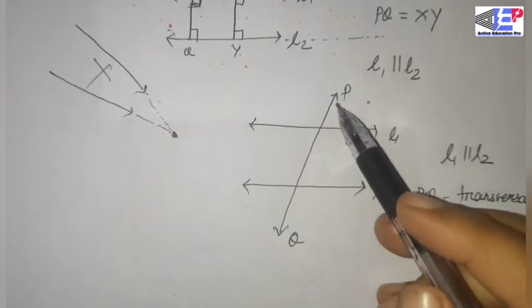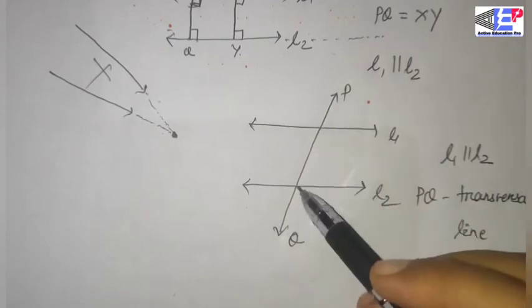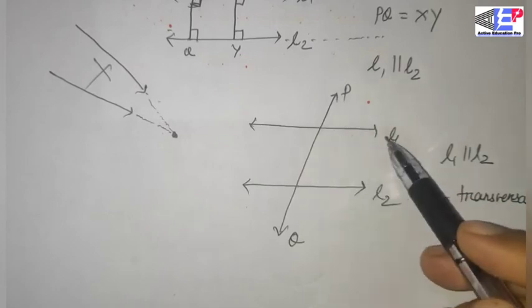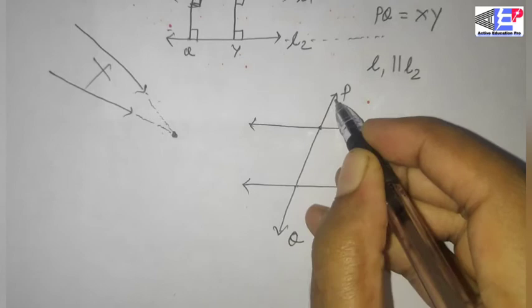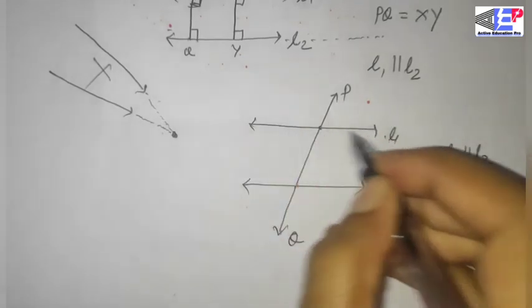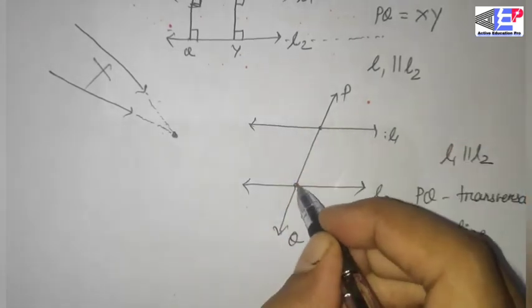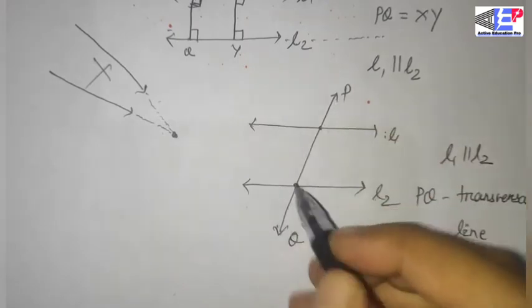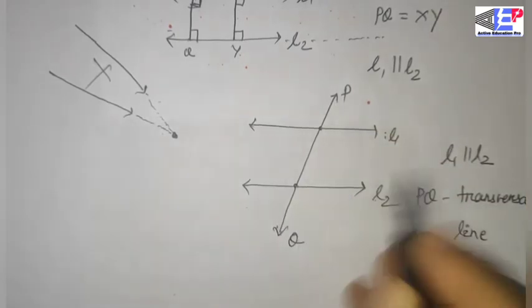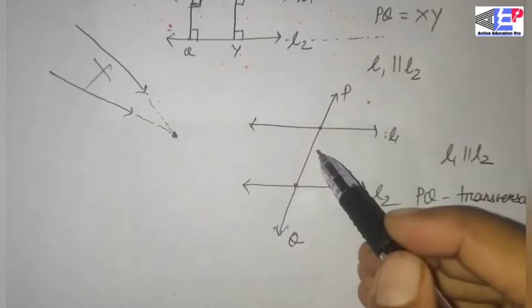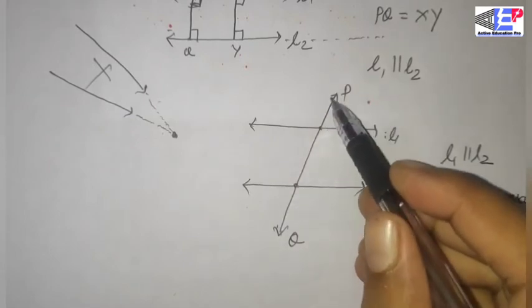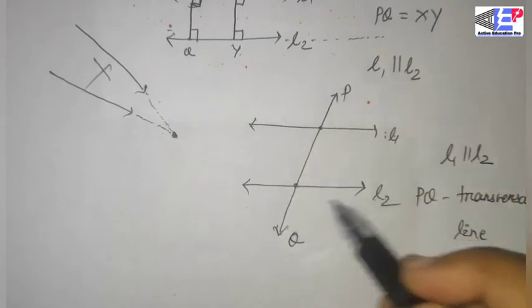But the line PQ has two common points, one common point with L1 and another common point with L2. This is the first common point, which is present on both PQ and L1, and this is the second common point, which lies on PQ and also on L2.